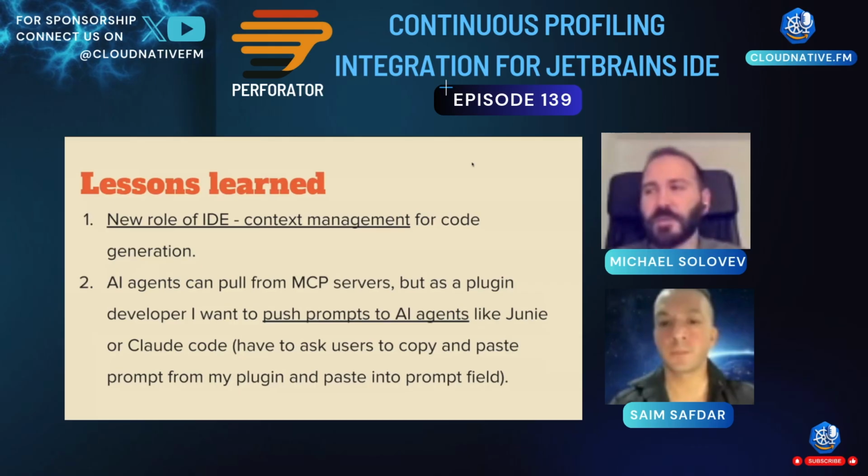It would be very useful for me as a plugin developer to be able to skip the step where you need to right-click, copy the prompt, and paste it into the AI agent. Then Perforator could just do this directly, so you can just right-click and it will optimize your code in relation to real-time production performance issues.